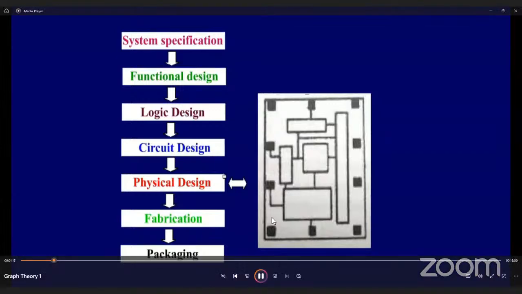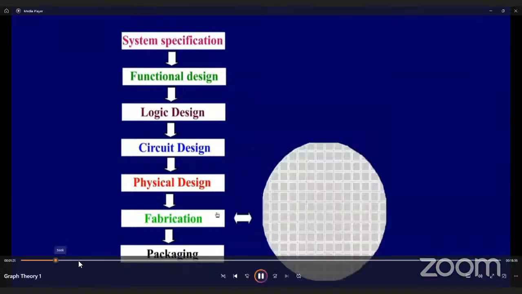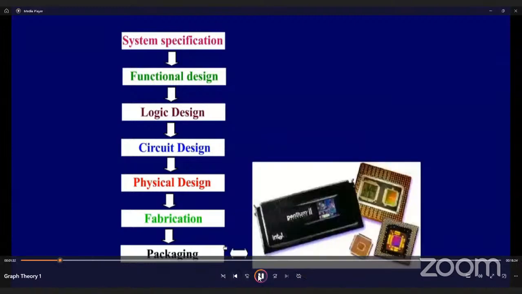Then it comes to the fabrication, the production in the corporation, in the fab. You produce this kind of chip, and then the packaging is just like that.